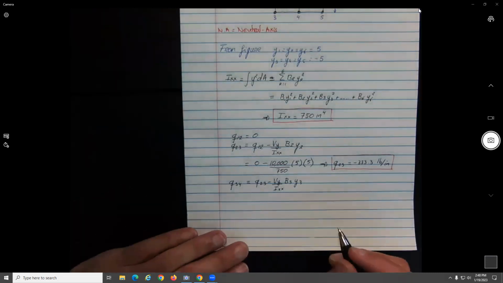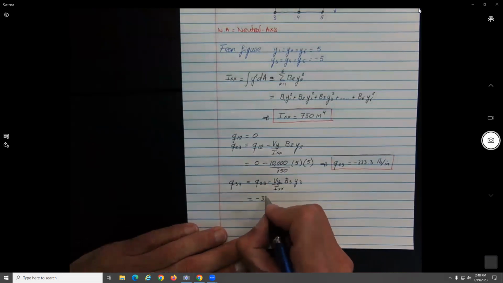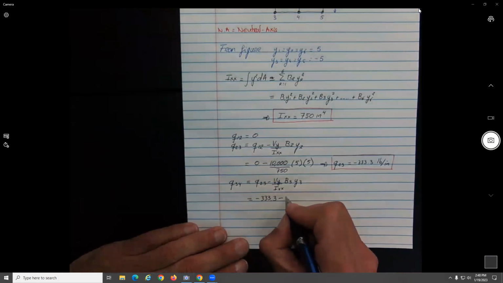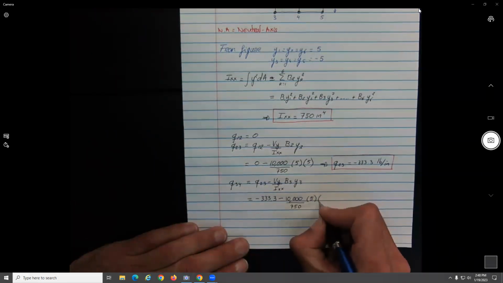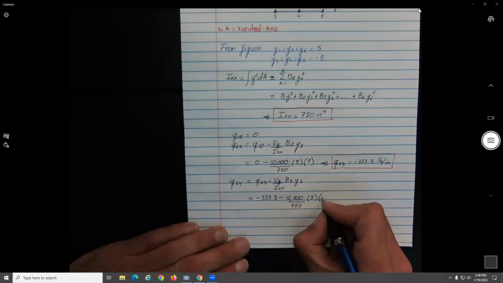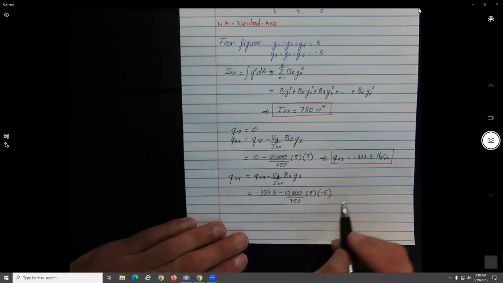Okay, making that assumption. So here we have Q23 is equal to minus 333.3. Here we have again minus 10,000 divided by 750. B3 is 5. But this time, what is Y3? Negative 5. So basically, it will just be the opposite of this one, no?